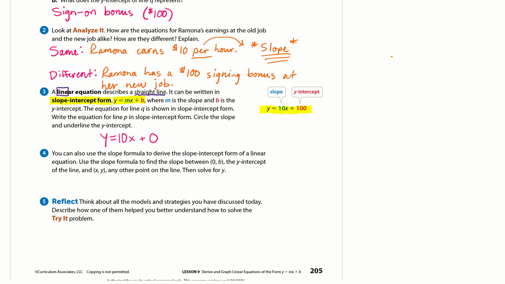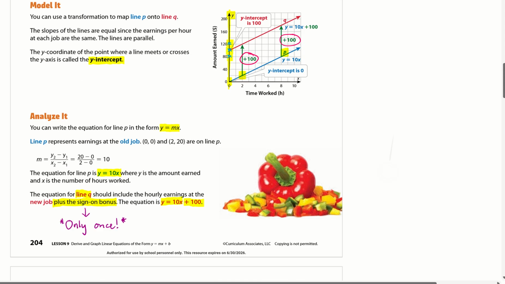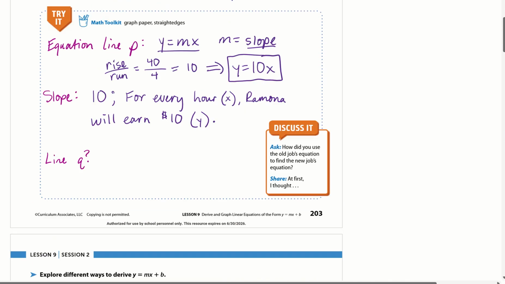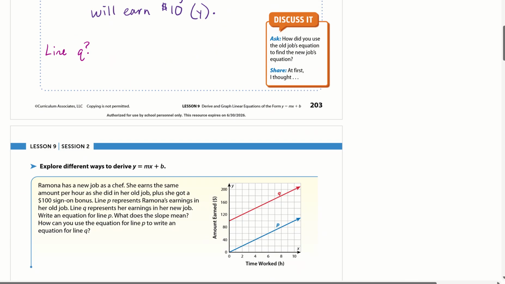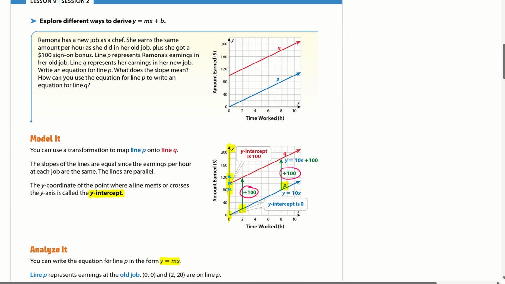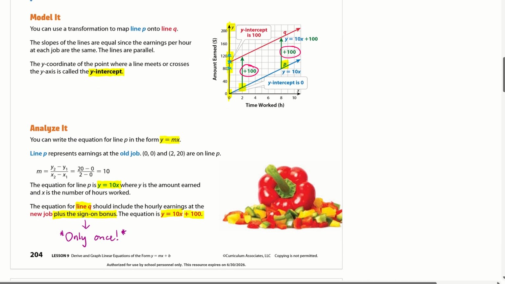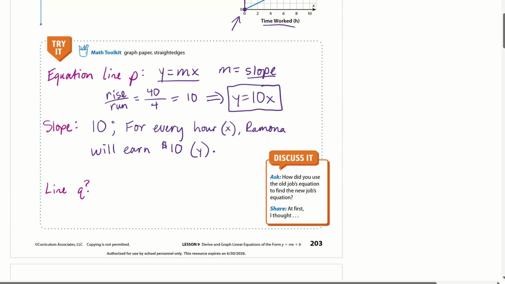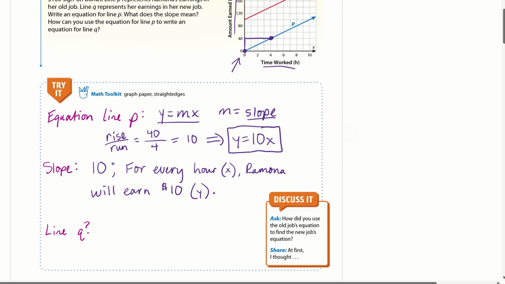All right, guys, on number three, our equation for line P in slope-intercept form is y equals 10x plus 0. So where that comes from, if we look way back up at the graph, we had y equals 10x as our equation in our direct variation form.